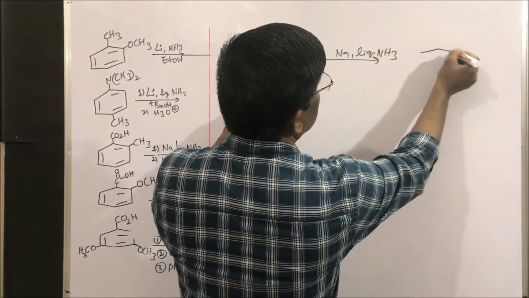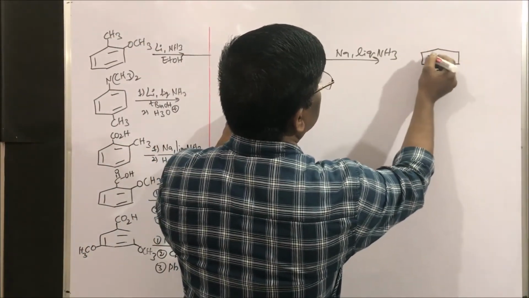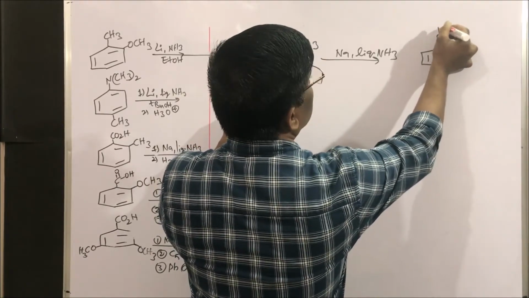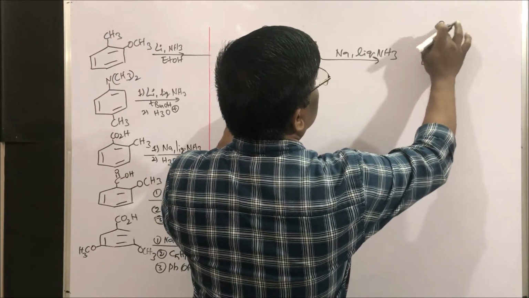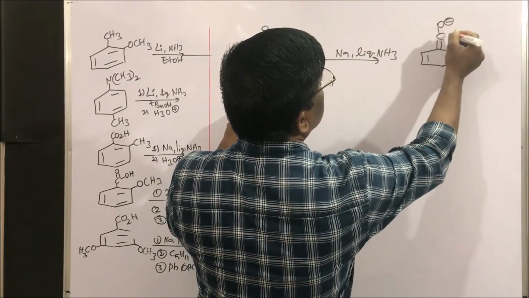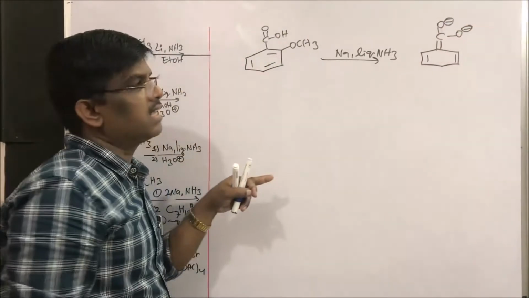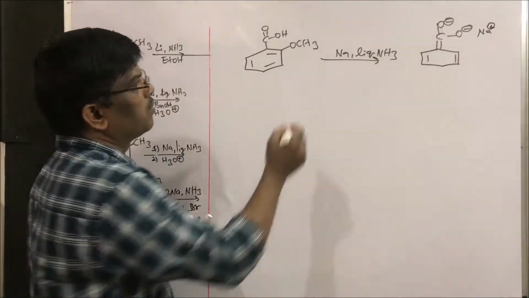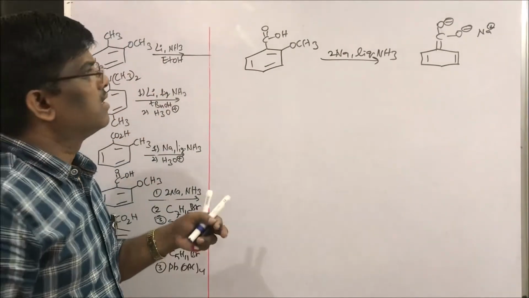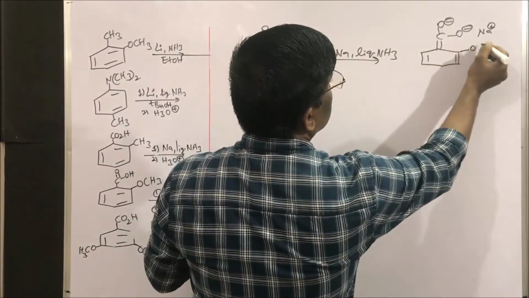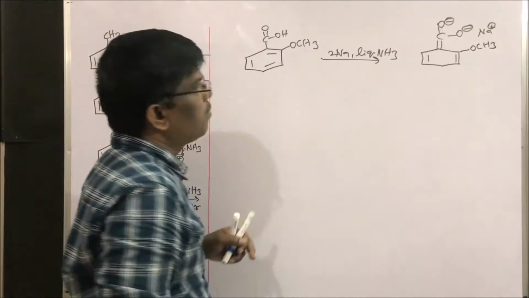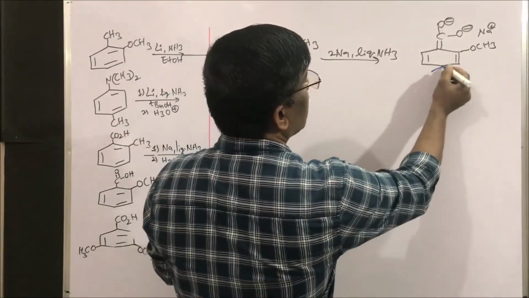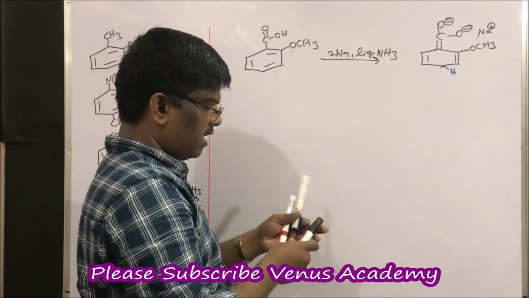Yes, this is the intermediate. I can write COO minus and O minus. Sodium salt will be here, since we are using sodium, 2 sodium ions, right? And methoxy is undisturbed. Methoxy is undisturbed, and the two hydrogens will be added. So it will be one of the intermediates.